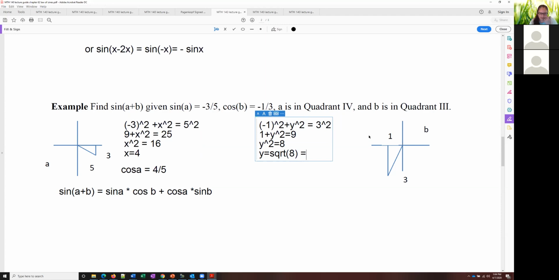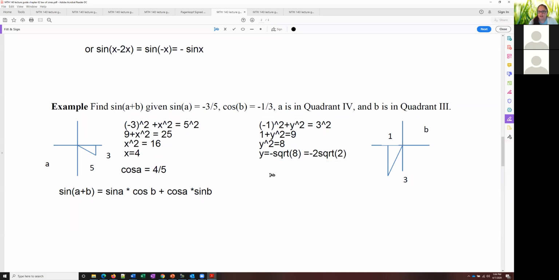Well, actually, hang on one second. We've got a slight problem. Y will be negative because it's in quadrant number 3, so it'll be minus the square root of 8. And so we get negative 2 square root of 2.